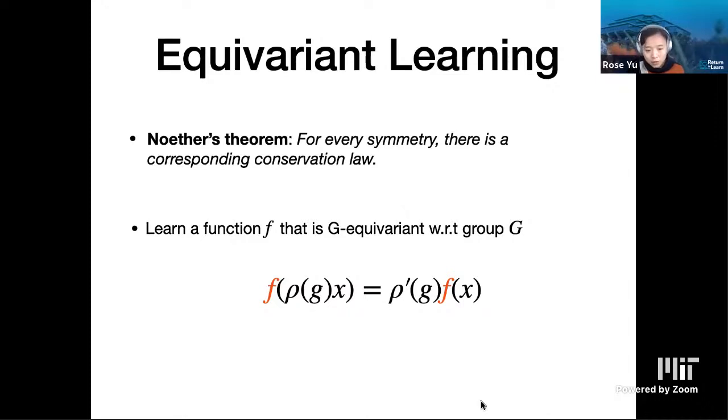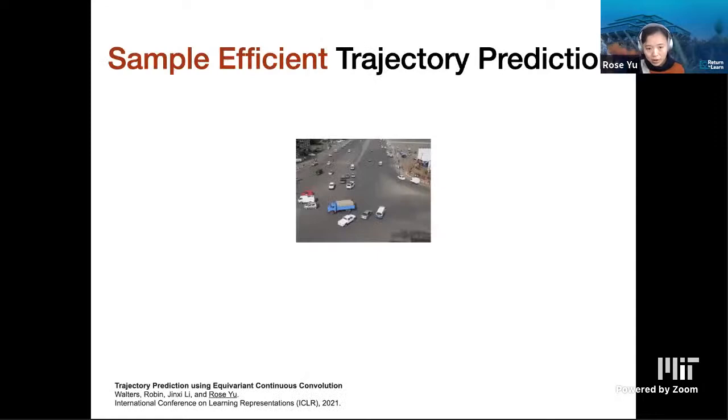So in a setting of learning dynamics, we're using the function f to approximate the underlying dynamics, and we want this function to be equivariant with respect to all kinds of transformations to the dynamics. As an example, I can show you how we can use the idea of a symmetry-aware neural network to model the complex dynamics of traffic flow. You can think of traffic flow as a type of fluid, but it's much more complicated because it not only has the physical quantities of fluids, as we showed in the first example, there are also complex interactions of all these cars.